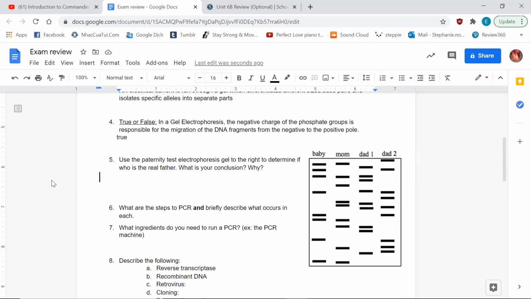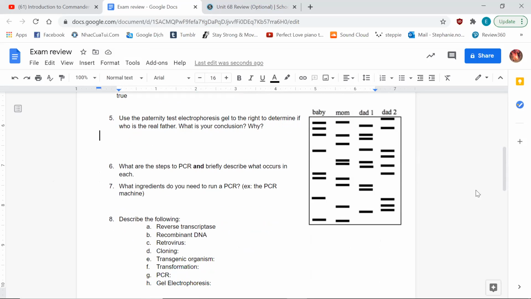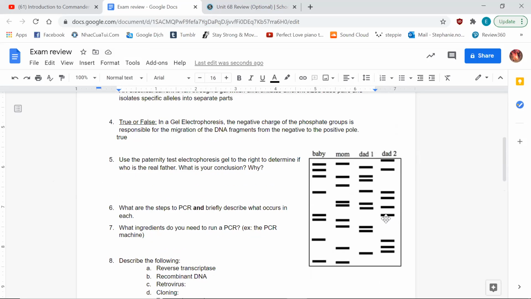Use the paternity test electrophoresis gel to the right to determine who is the real father. All right. Let's determine who the father is. That's one match. You're basically just lining everything up and matching as much as you can. Mother has this one.